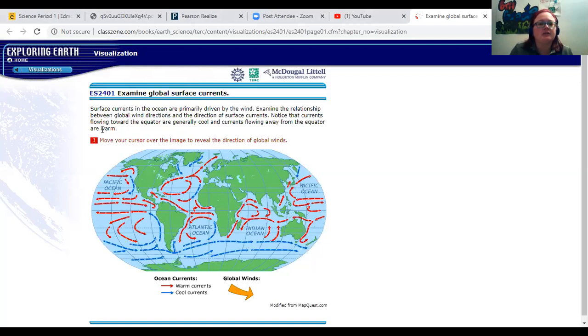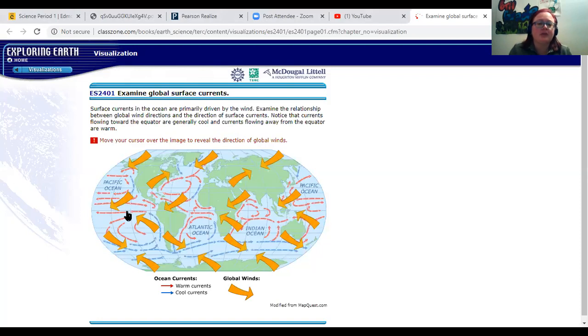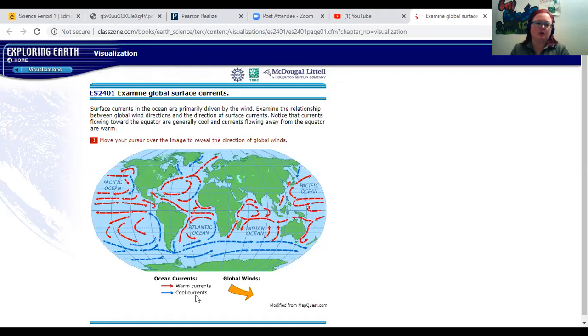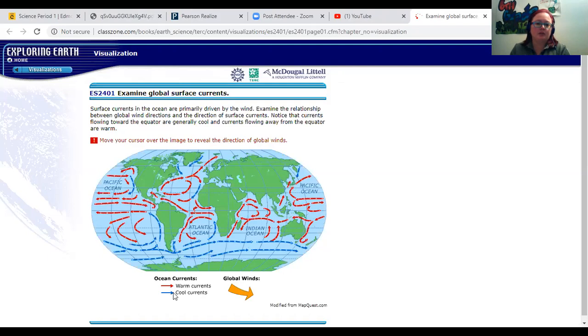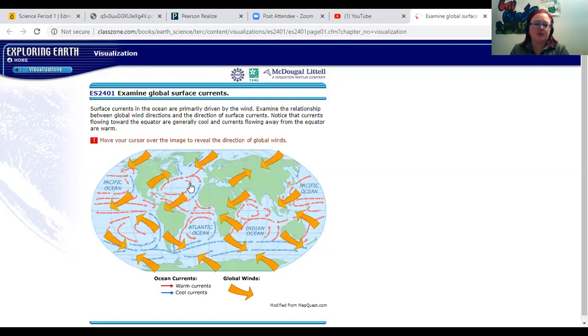Notice the currents flowing towards the equator are generally cool, and the currents flowing away from the equator are warm. So that means it's warmer by the equator. If it's flowing away from the equator, the currents are going to be warm. And if it's flowing towards the equator, because the other areas are cooler, it's going to be cooler. So these are just the currents by themselves, but then when I put my cursor on top, it's showing the global winds as well.